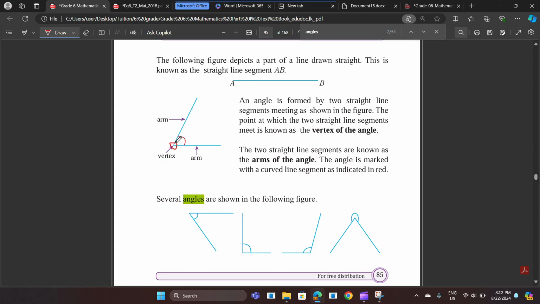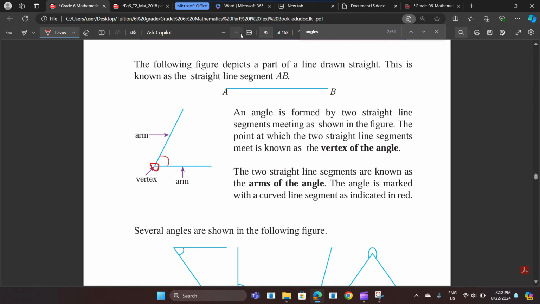This is the point where the two straight lines meet. These two straight lines are called the arms of the angle. Do you remember these things?